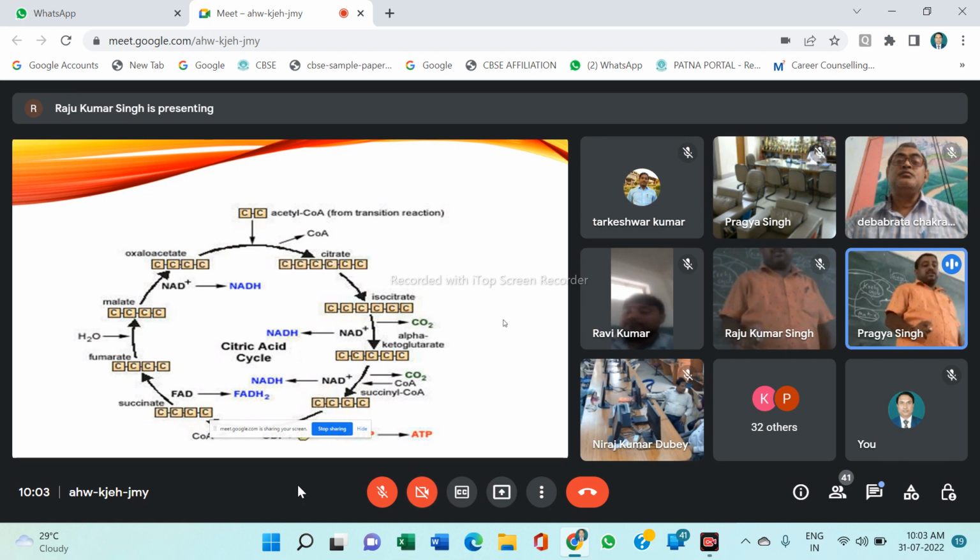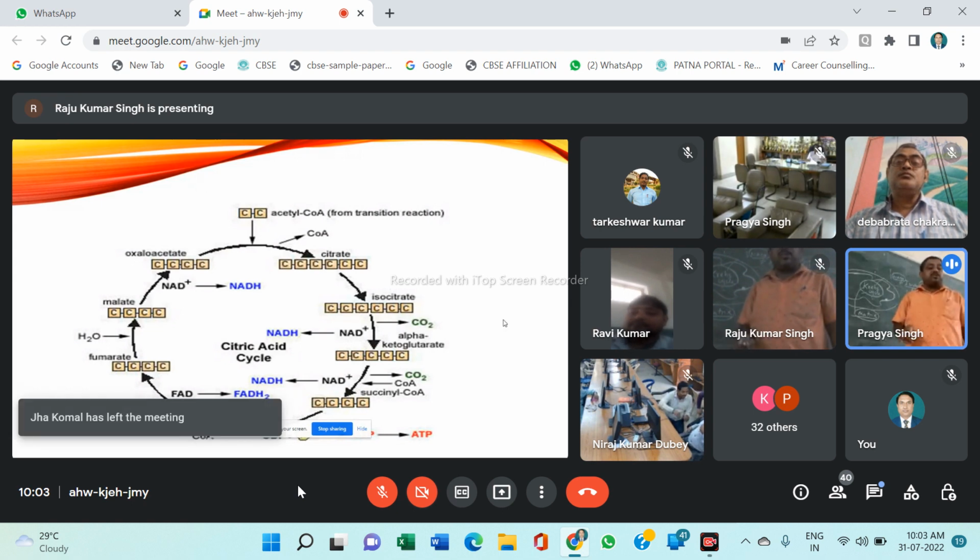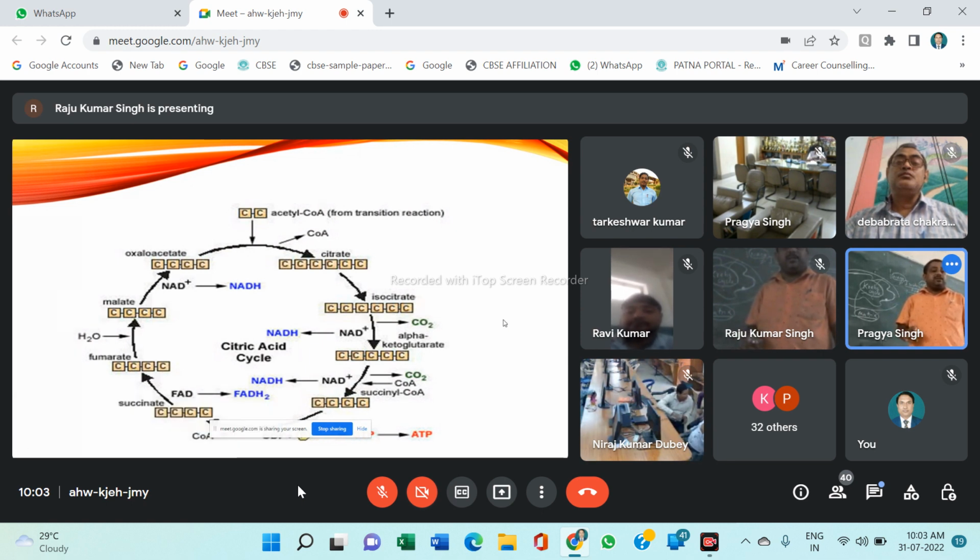So succinyl CoA changes into succinic acid. As we have seen in the previous mechanism, there was a substrate level phosphorylation at this step, so there is formation of ATP through coupling of reaction, that is GTP.